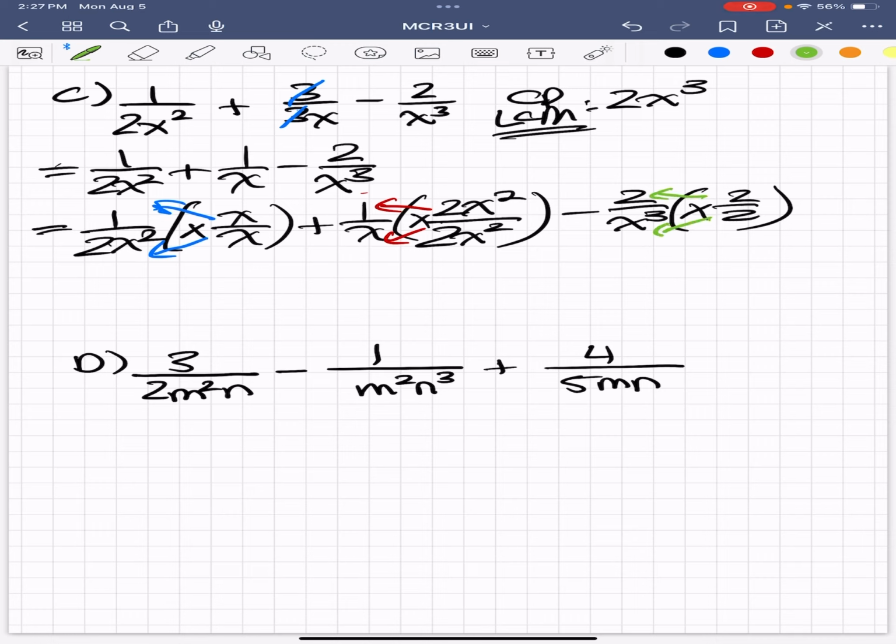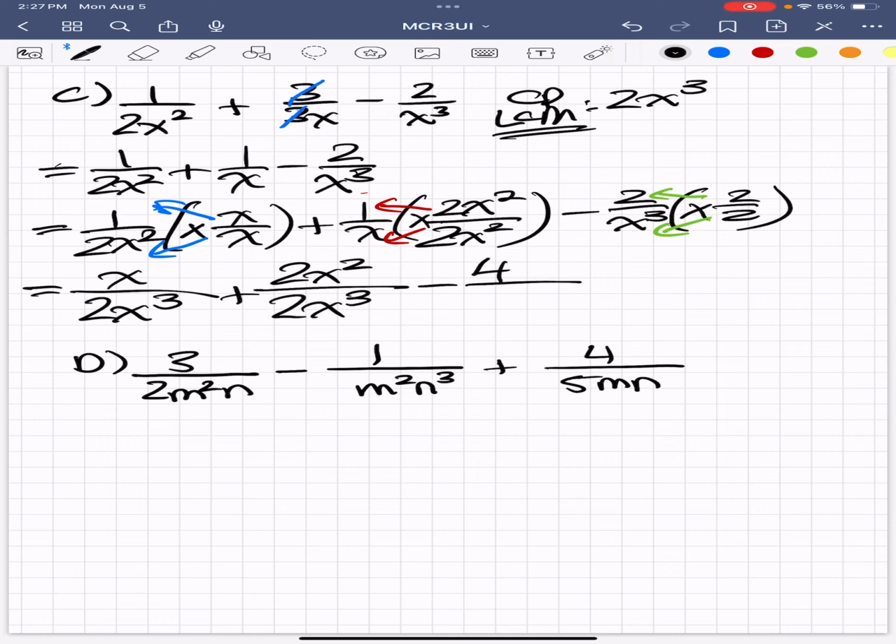And then we multiply the numerator and the denominator by 2 over 2. And again, it's to get the common denominator of 2x to the power of 3. So we have 1 multiplied by x equals x over 2x to the power of 3, plus 2x to the power of 2 over 2x to the power of 3, minus 4 over 2x to the power of 3.